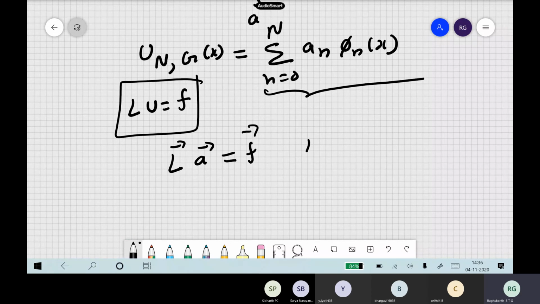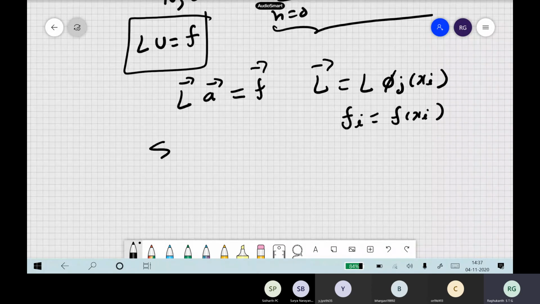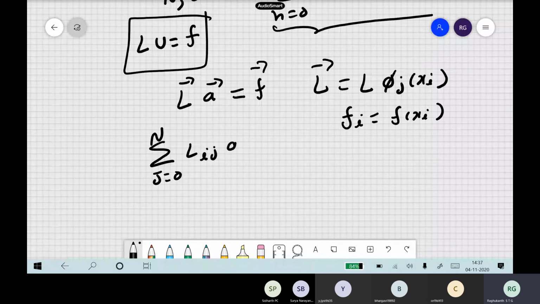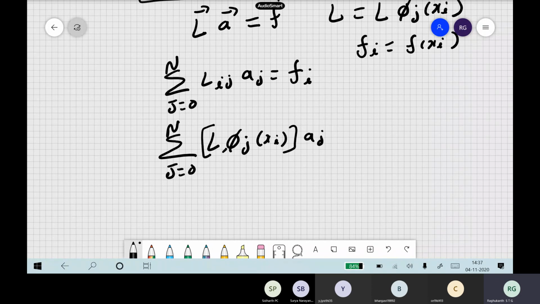If we substitute this in the expression, we get the sum of a equal to f hat, where L hat is nothing but L phi j of xi, and of course f of I is f of xi. So we can write this expression as the sum over j from 0 to n of L phi j of xi multiplied by Aj equal to f of xi.